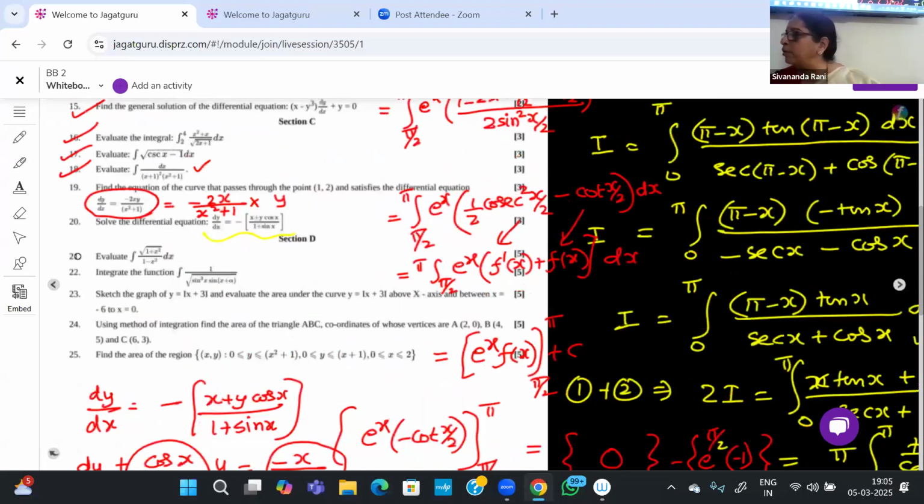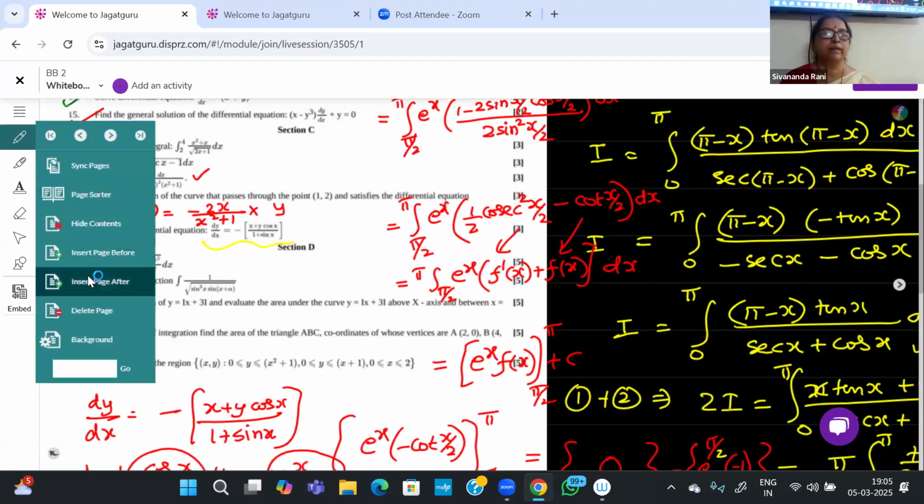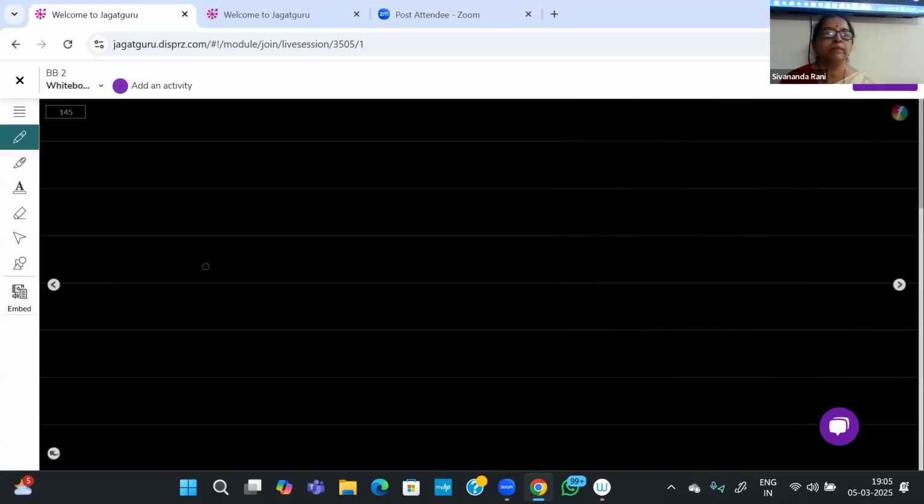I would like you to do this and tell me how you would approach this: root of 1 plus x squared by 1 minus x squared. Anything comes to your mind?